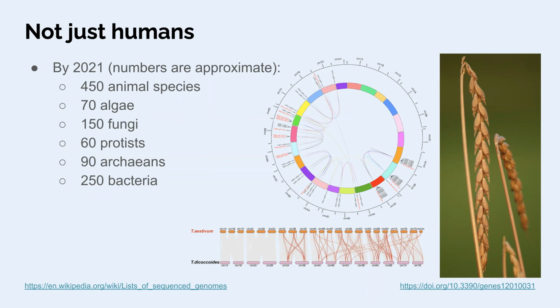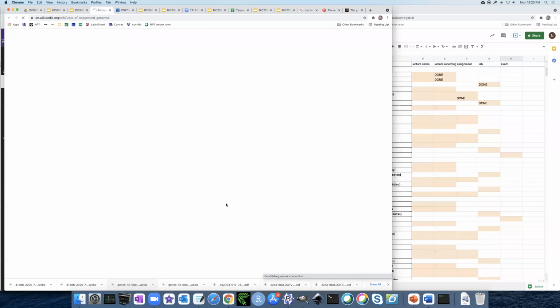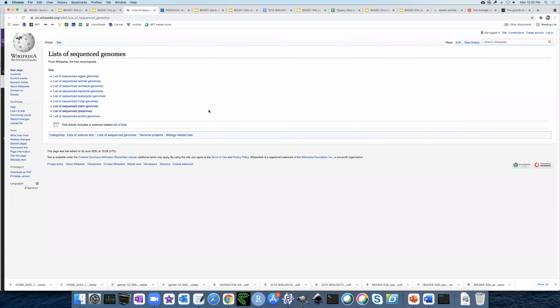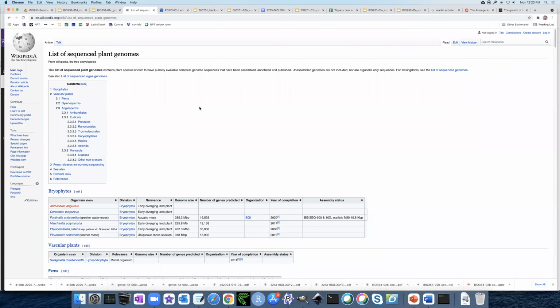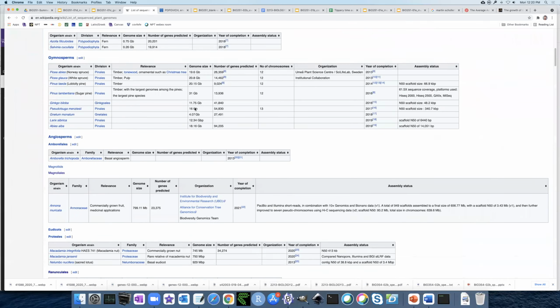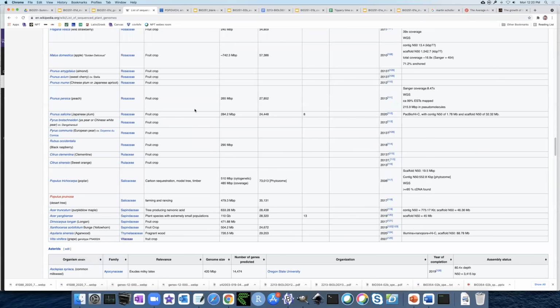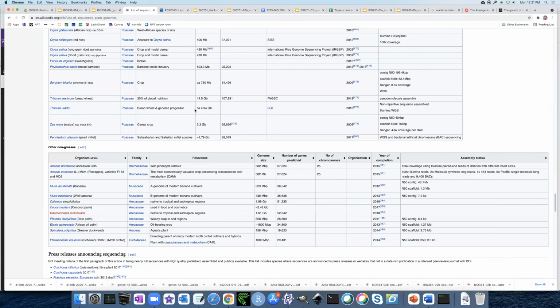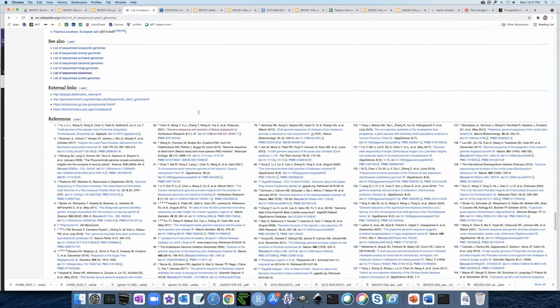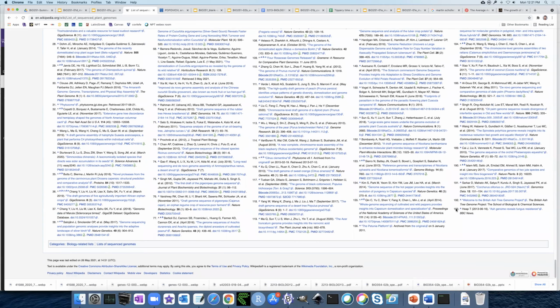Oh my gosh, I don't even have plants on here. Fill in the plants. I don't know how I missed those. We'll find the plants on our own here. All right, we're going to Wikipedia, friends. Sequenced plant genomes. So all I did for these, it said mosses and flowering plants and so on, and my estimate was basically to take the number of references here.